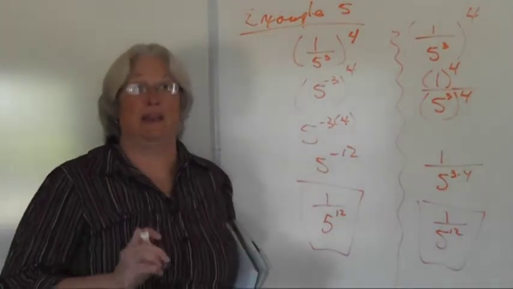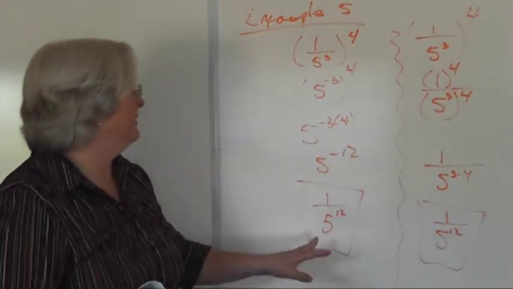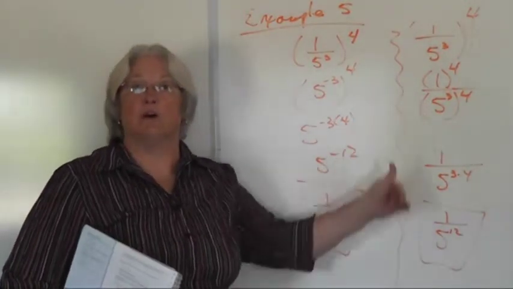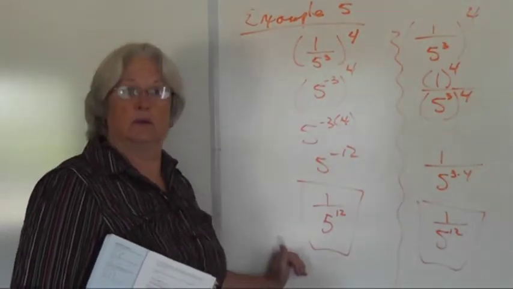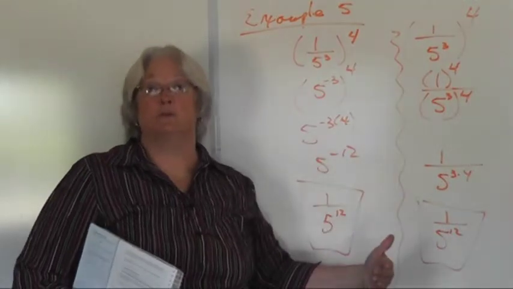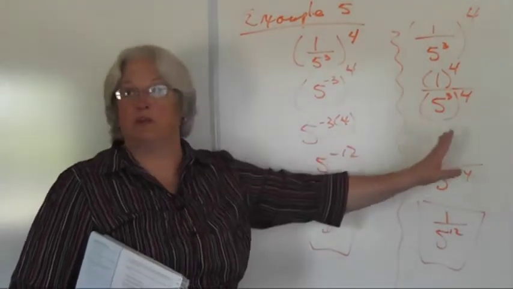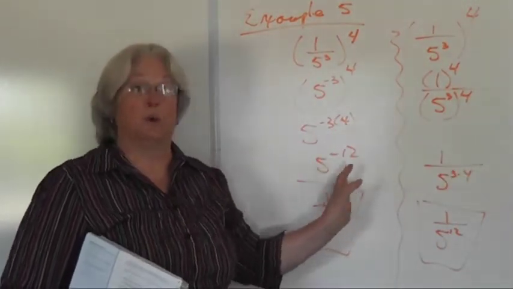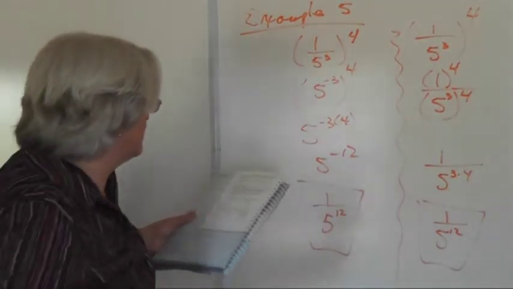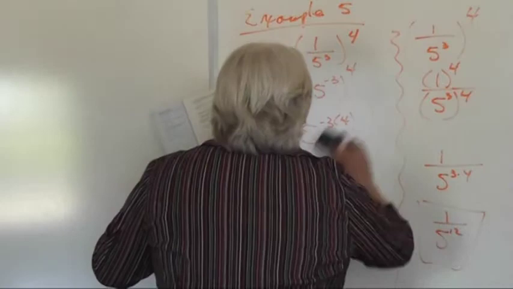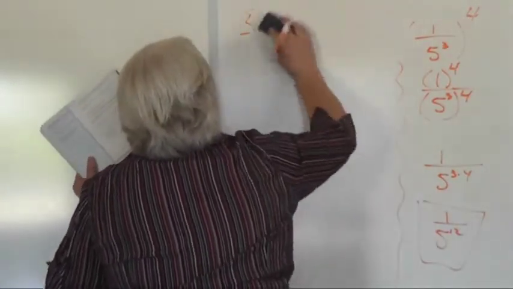I do not care which method you use to solve these exponentials. You have to understand the method that you're using, but it makes no difference to me which one you use. Okay, one final example that I want to work through.